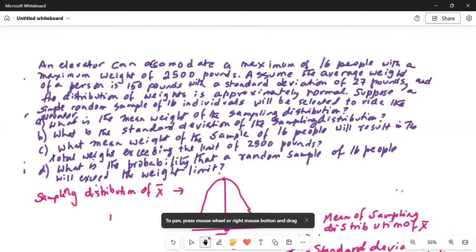This is the key thing. The random variable, weight, is approximately normal.